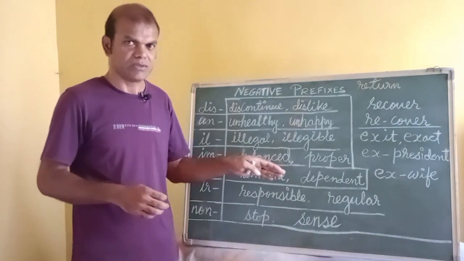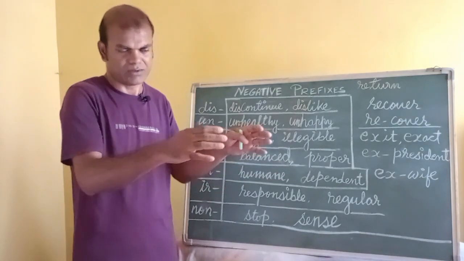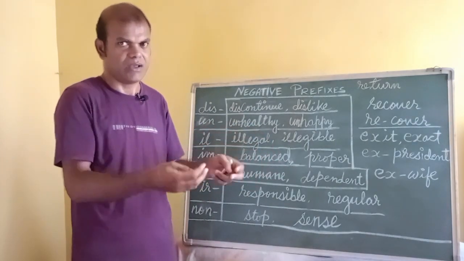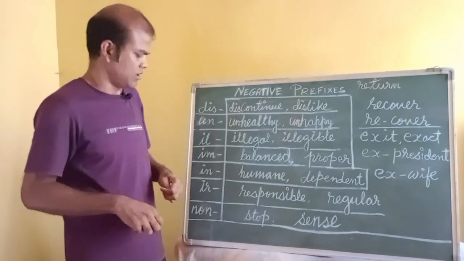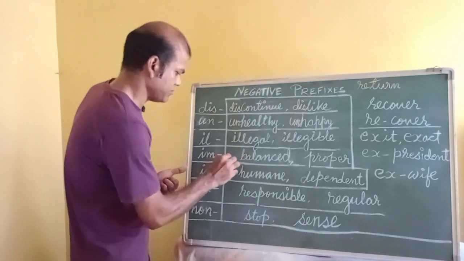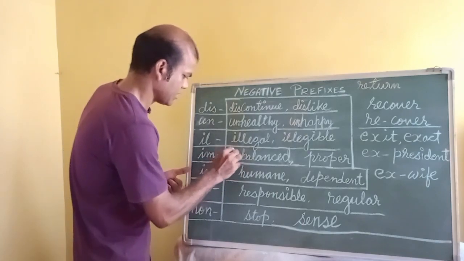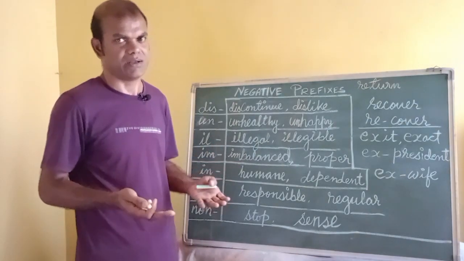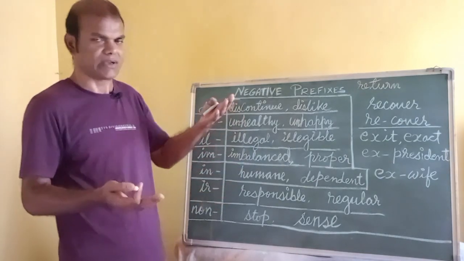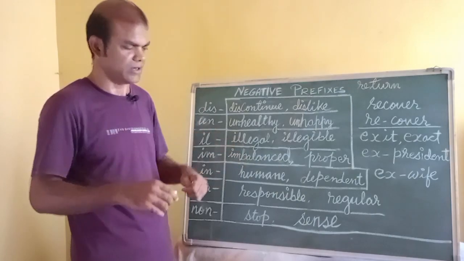Balanced. Now balanced means whatever things we have or are adding somewhere are in an equal amount. That is known as balanced. Now if we write im before it, we get imbalanced. Imbalanced means now it is not balanced. Something is less or something is extra, maybe it is not equal.